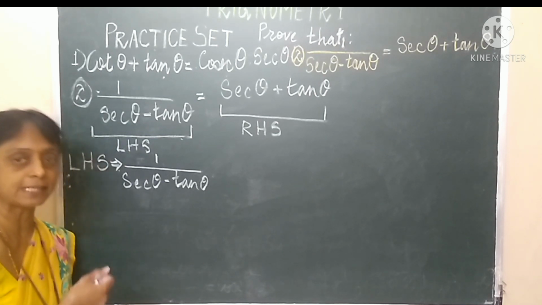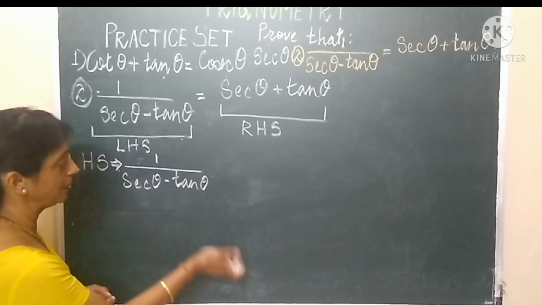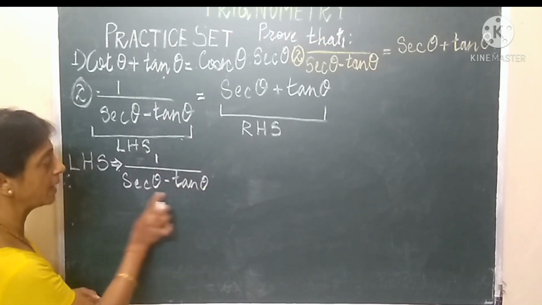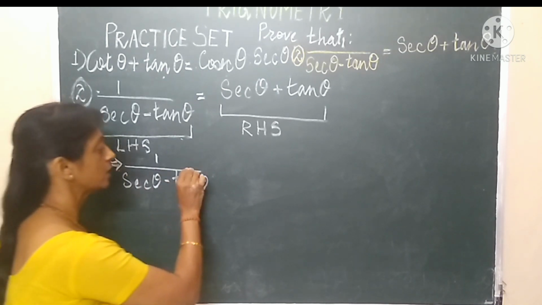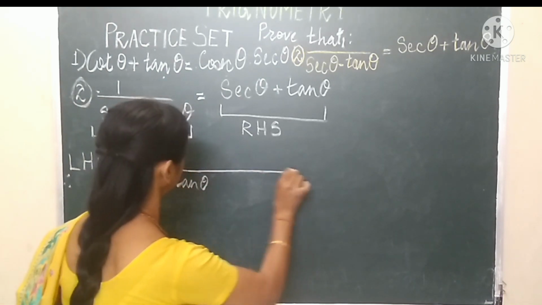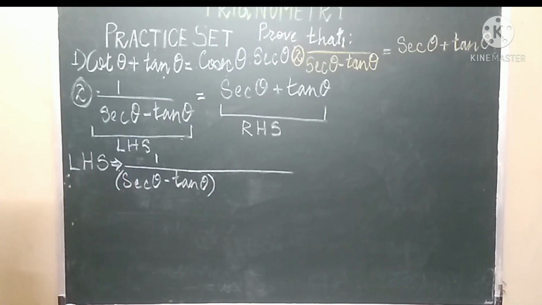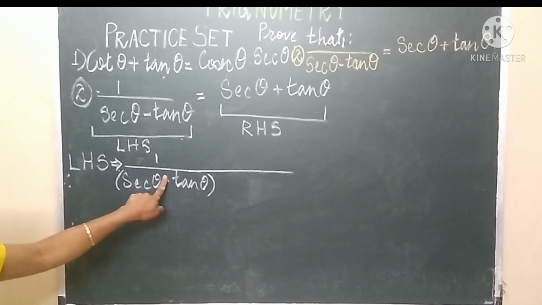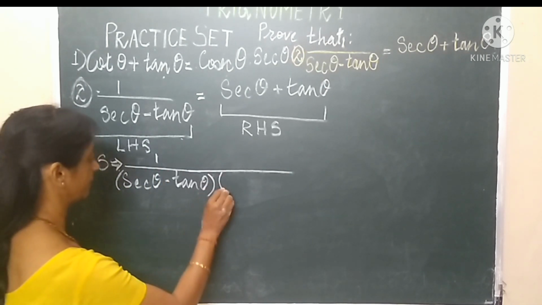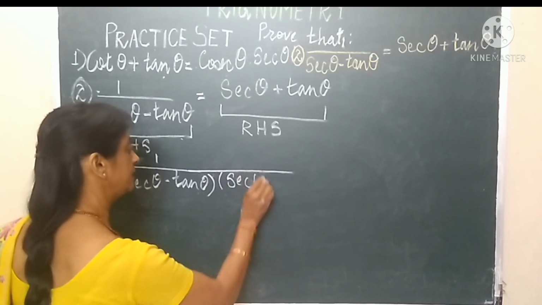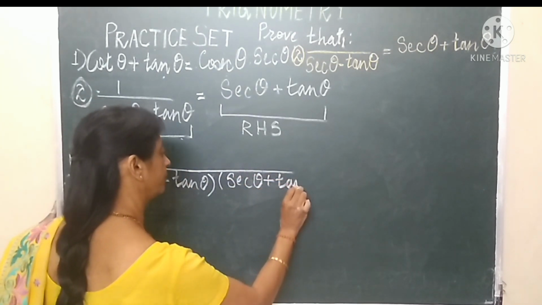If the binomial is a plus b, what will be its conjugate? A minus b. So let's apply it over here. Let's multiply, observing the denominator, with its conjugate. So if the binomial over here is sec theta minus tan theta, let's multiply it with its conjugate, that is sec theta plus tan theta.